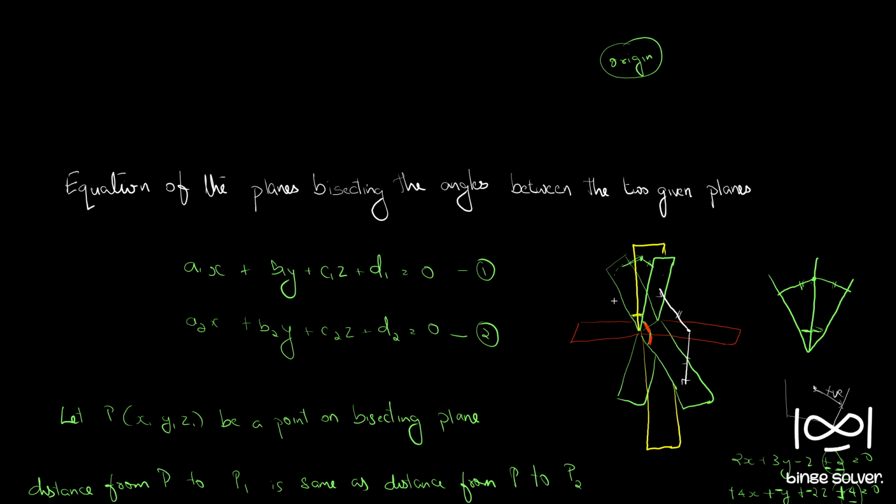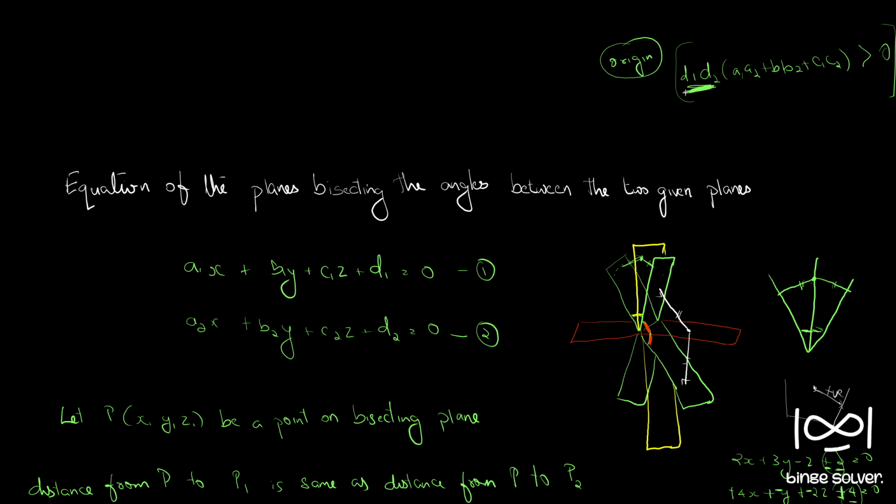When we check whether the origin lies in the acute angle or the obtuse angle, we'll get an equation something like this: d1 d2 into (a1 a2 plus b1 b2 plus c1 c2) is greater than or less than 0. This will be the condition for the origin to be in the acute angle or obtuse angle. We'll see what that condition is, but it will come when you derive it.